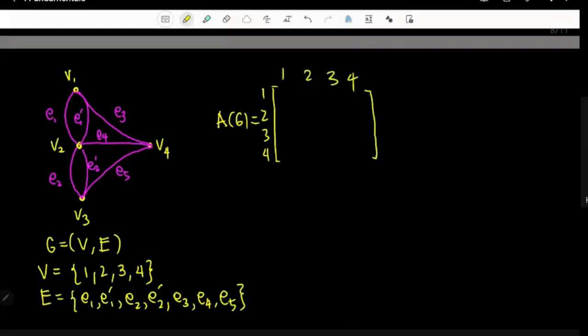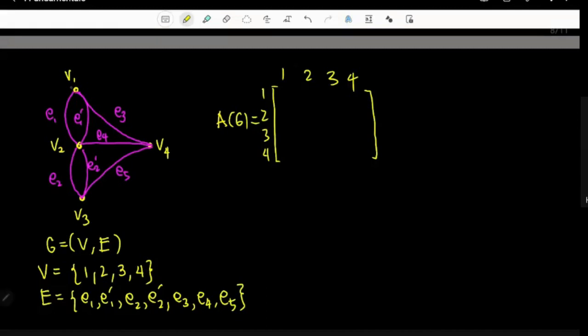So, all you need to do is to ask, vertices 1, 1, are they adjacent? Kung yes, 1. Kung no, 0. Rather, ilan yung edges connecting them? Okay? Yung adjacency matrix.